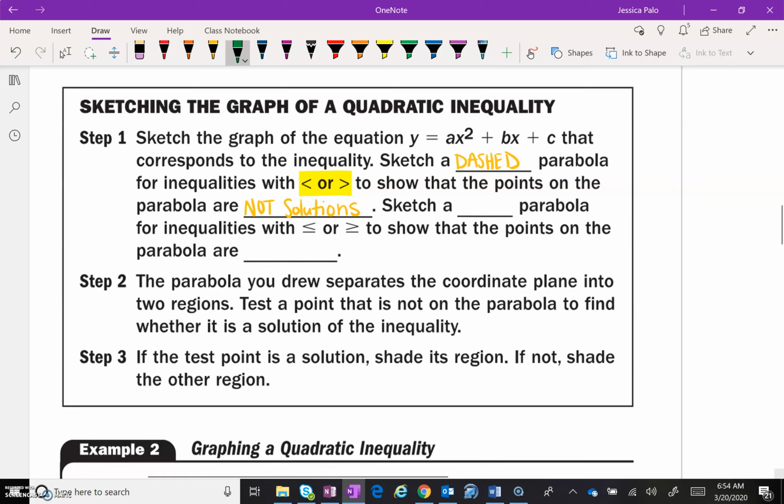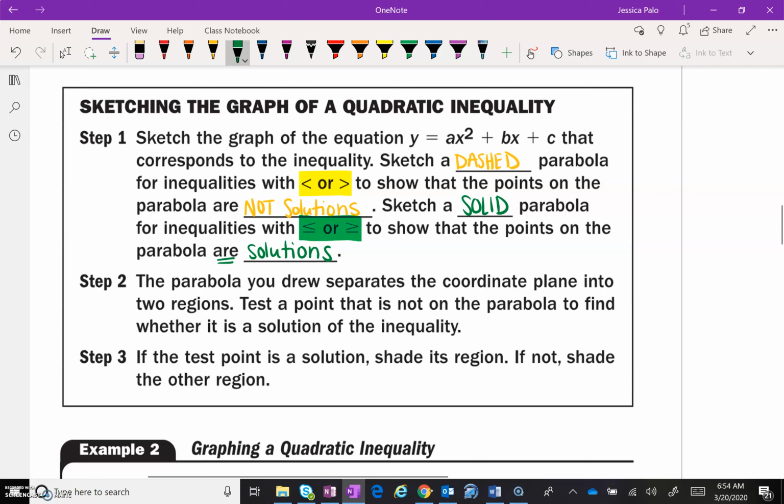You want to sketch a solid parabola for inequalities with less than or equal to or greater than or equal to, to show that the points on the parabola are solutions. Just like a closed circle on the number line and a solid line for a linear equation, these are solutions.